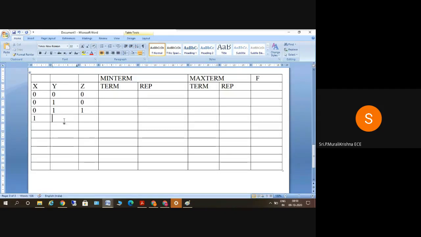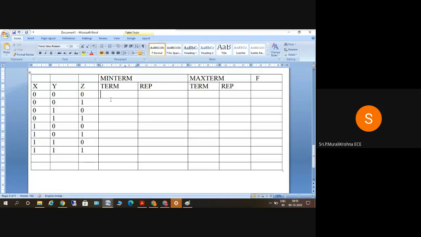So 1, 0, 0, 1, 0, 1, 1, 1, 0, 1, 1, 1. Okay, so for 3 inputs, we'll be having 8 input combinations here.